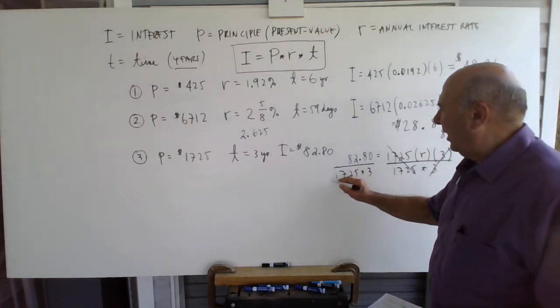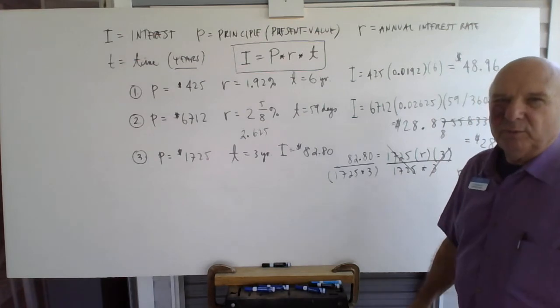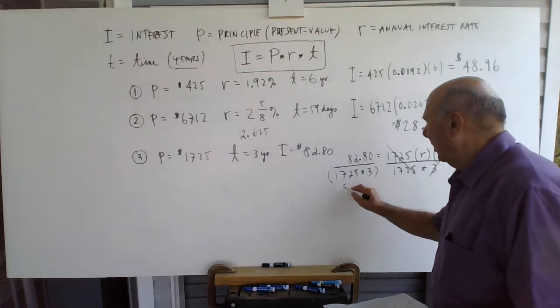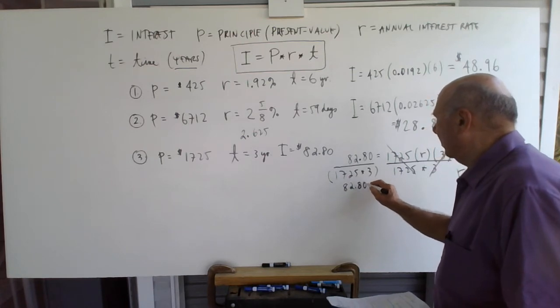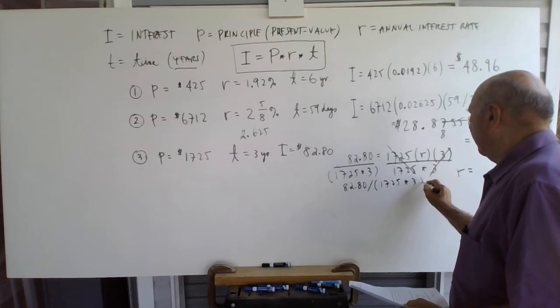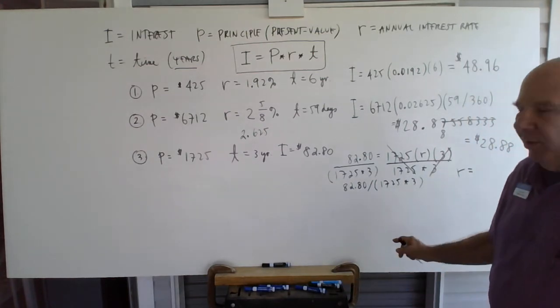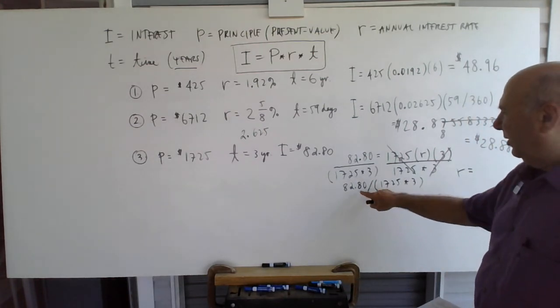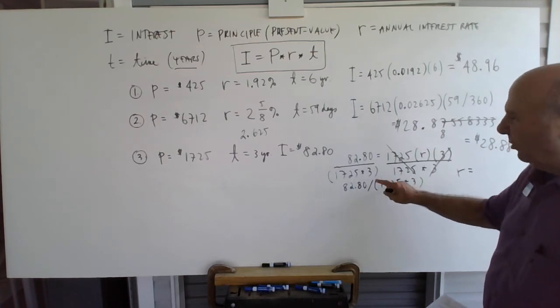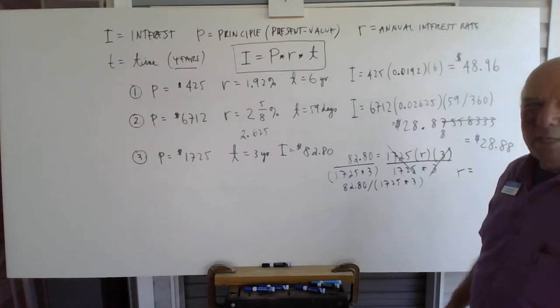Now if you do it on a calculator, make sure you put parentheses around it when you do it horizontally. In other words, it'll be 82.8 slash (1725 times 3). Because if you don't have the parentheses, it's going to do this division and then multiply by 3 instead of doing this and then dividing the product into 82.8.